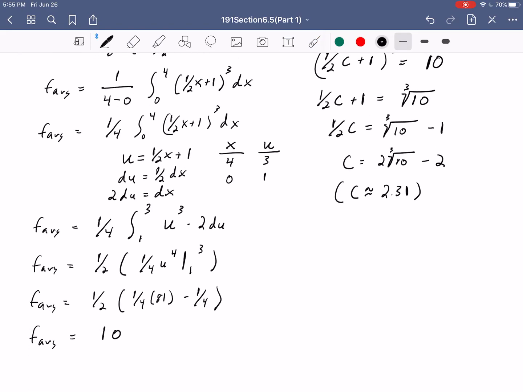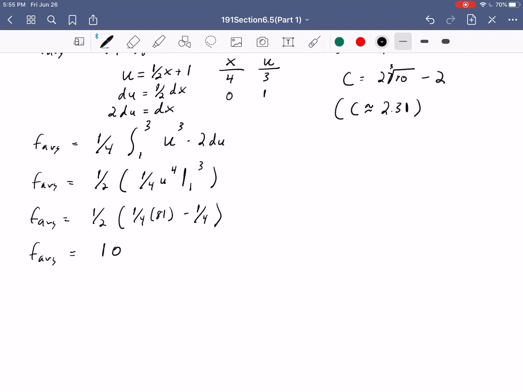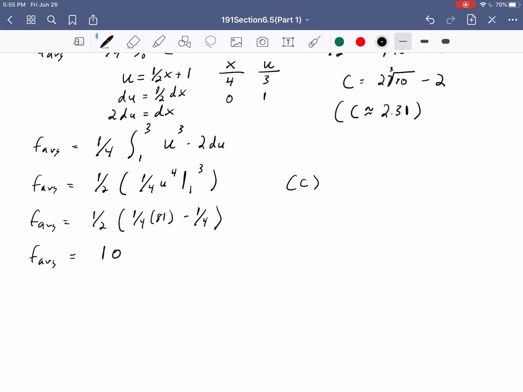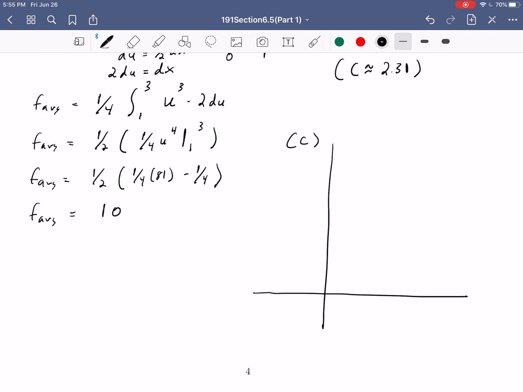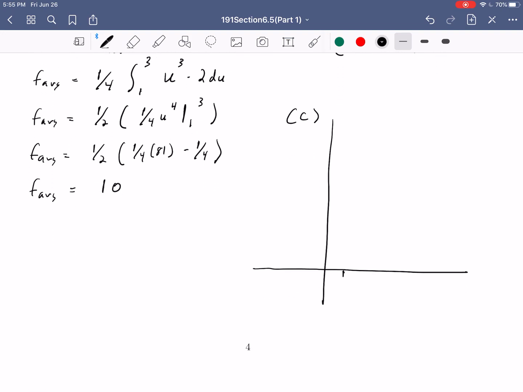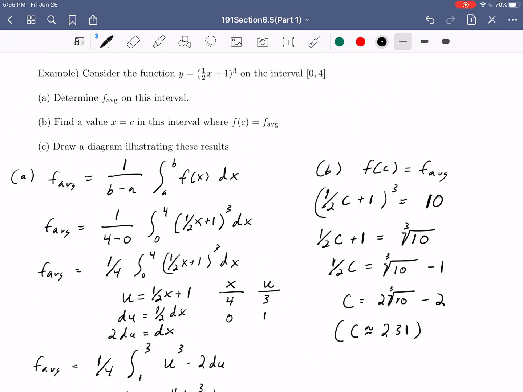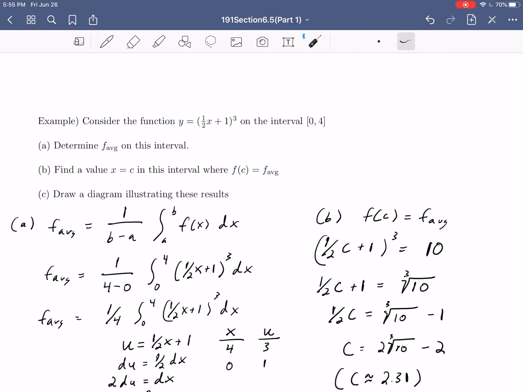All right, let's go ahead and draw a diagram for the results here. So I guess we can squeeze that in here for c. Again, we'll focus over here because we know we're working on 0 to 4. So for my x, we'll do 1, 2, 3, and 4. Quick check though, we're going to need a pretty lengthy axis in this direction.